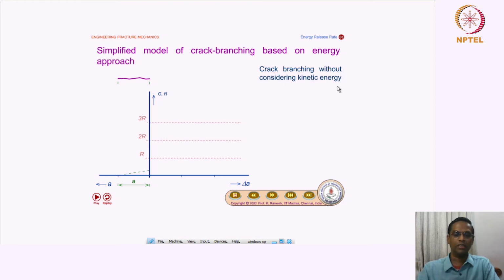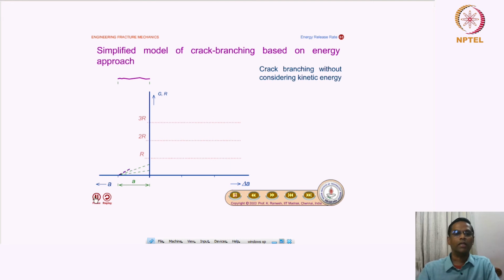Please understand that this is very important, and also remember that this is an infinite plate, and the central crack is growing without any boundary. That is also very important. So it's kind of a fictitious experiment just to appreciate the energy release rate concept.